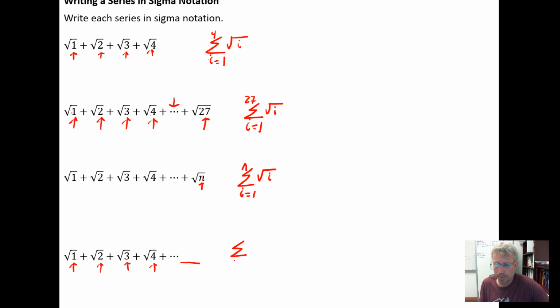So this would be the sum from I equal 1 to, sorry, not n, but to infinity, because we're not stopping, of the square root of I. So again, the idea is to identify the pattern, and then you have to decide where the pattern ends. Where is this upper bound of summation going to happen? And how do I represent that upper bound of summation?